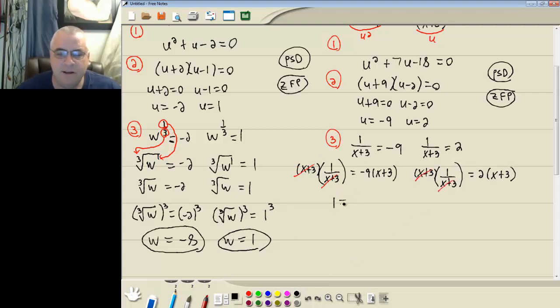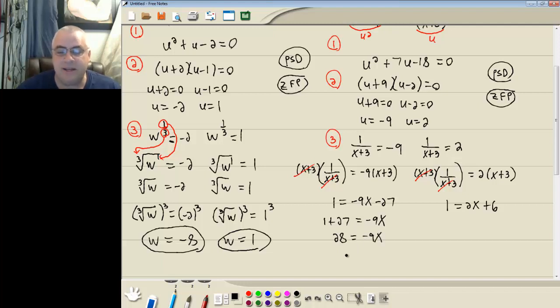So we get 1 equals negative 9 times x is negative 9x, and negative 9 times 3 is negative 27. And over here, we've got 1 left, and then 2 times x is 2x, 2 times 3 is 6. Okay, take the negative 27 over, so 1 plus 27 equals negative 9x. So 28 is equal to negative 9x.